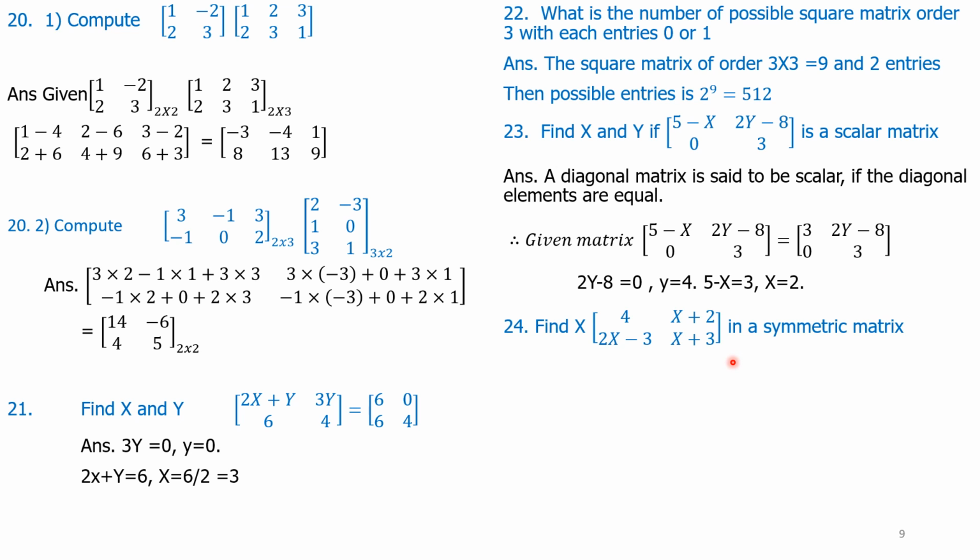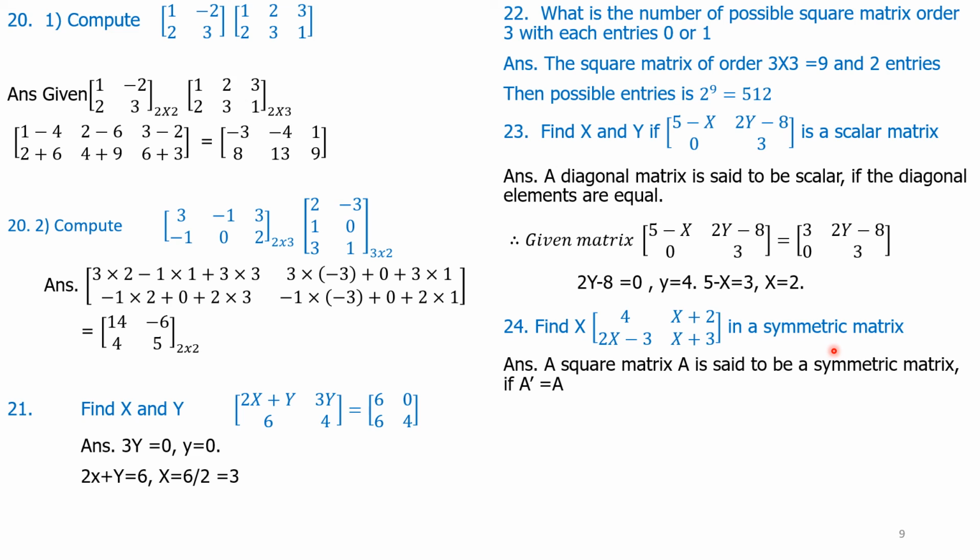Question number 24. Find x such that x into 4x plus 2, 2x minus 3 and x plus 3 is a symmetric matrix. We have to find the symmetric matrix.